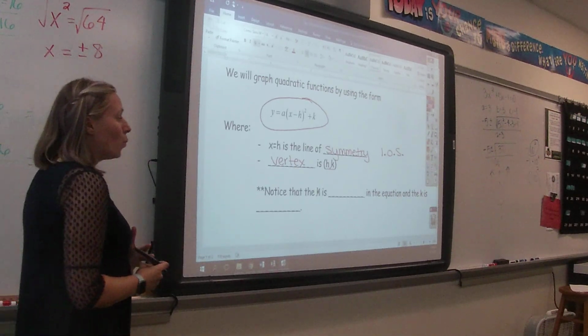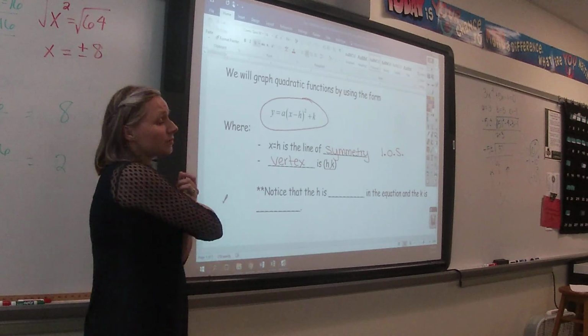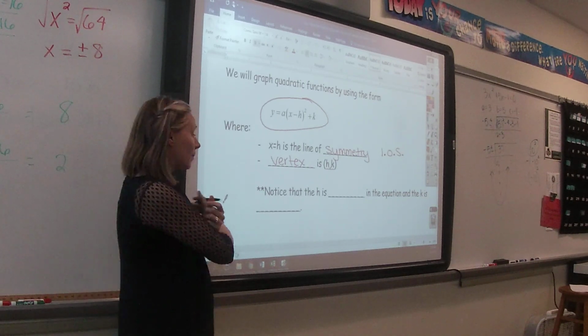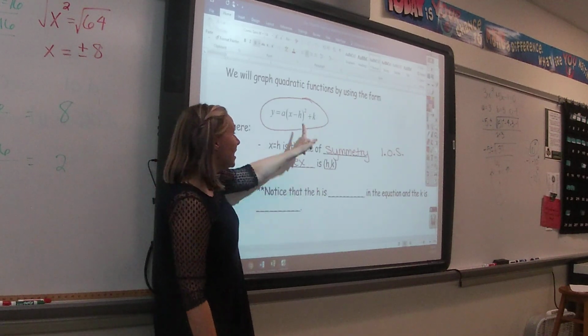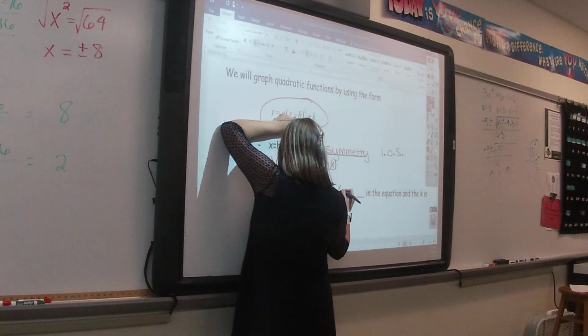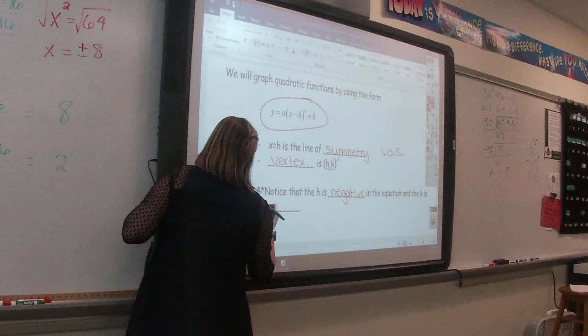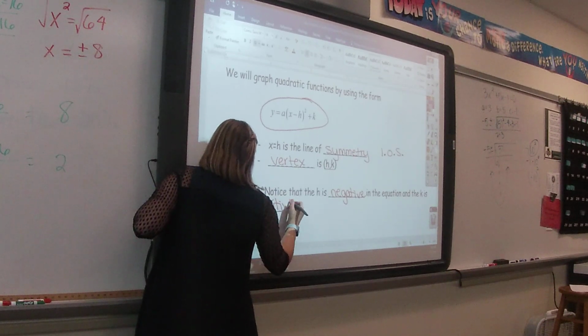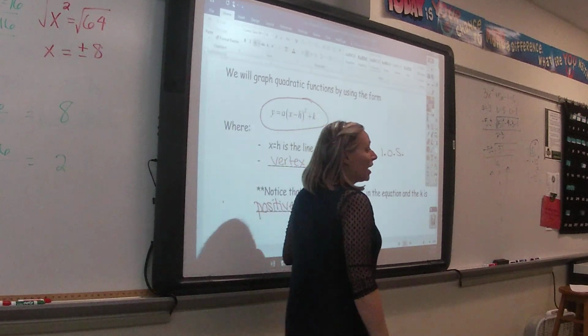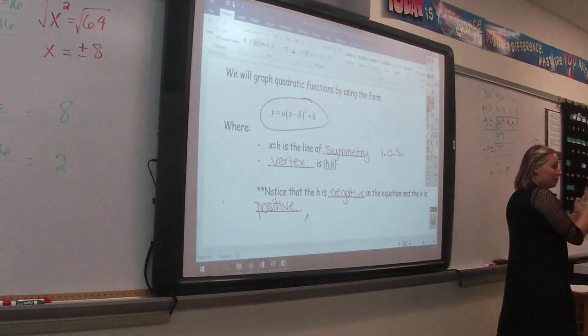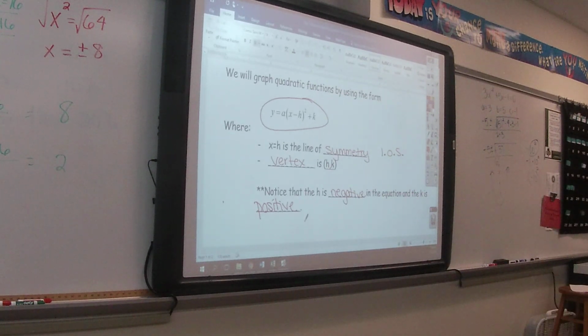Now, one thing we need to pay attention to. It's been a while since we've had point slope formula, but notice that the h is negative in the equation and the k is positive. Like in the quadratic formula where it said negative b plus or minus the square root of b squared, that negative b really meant the opposite of b.